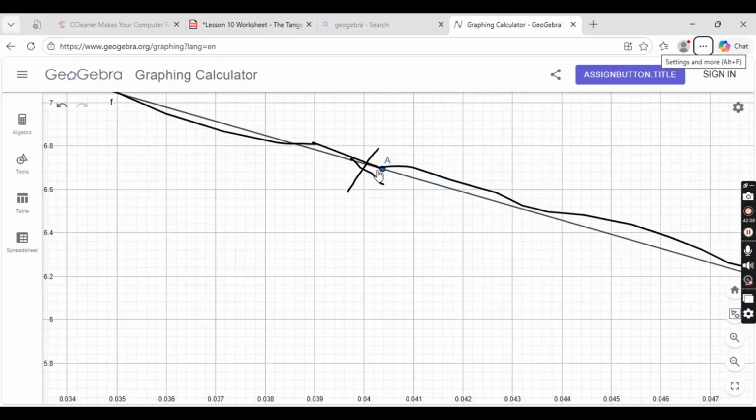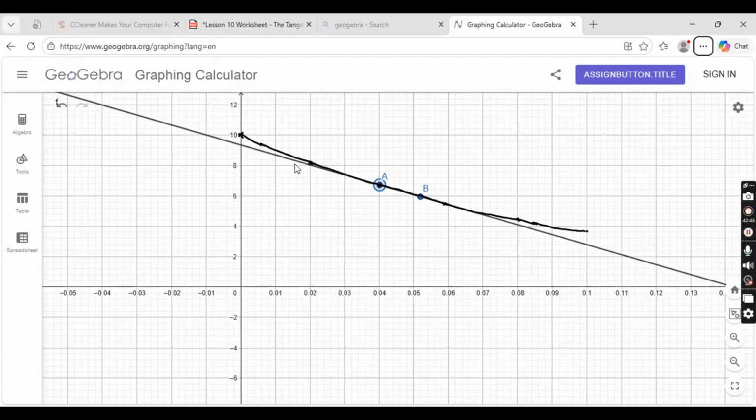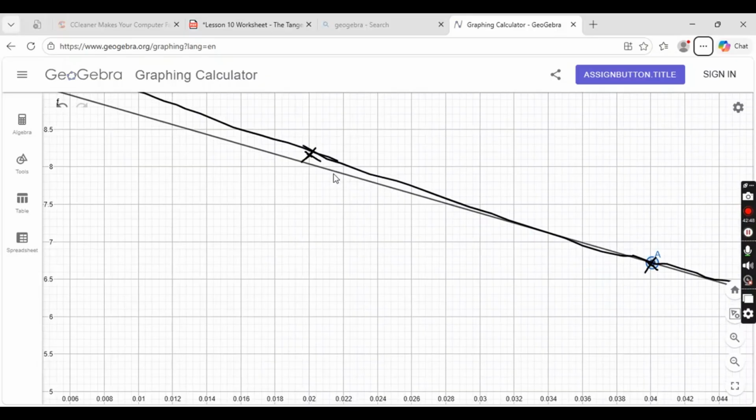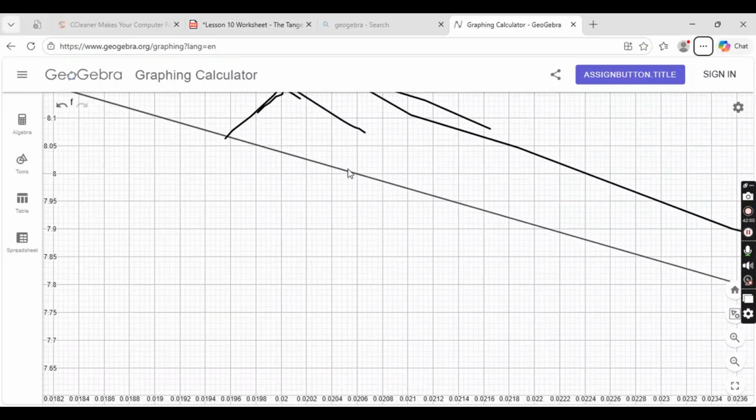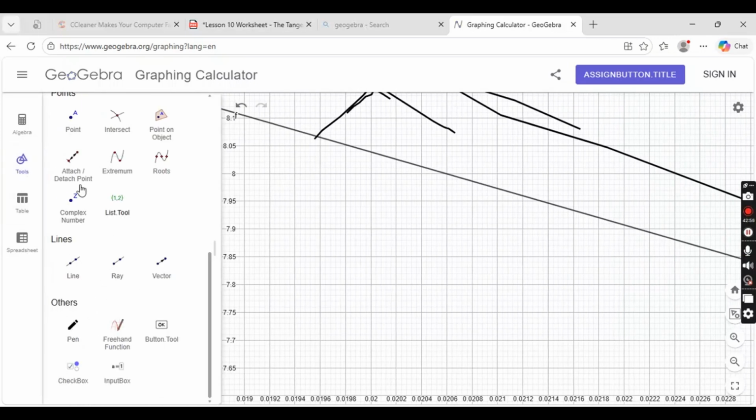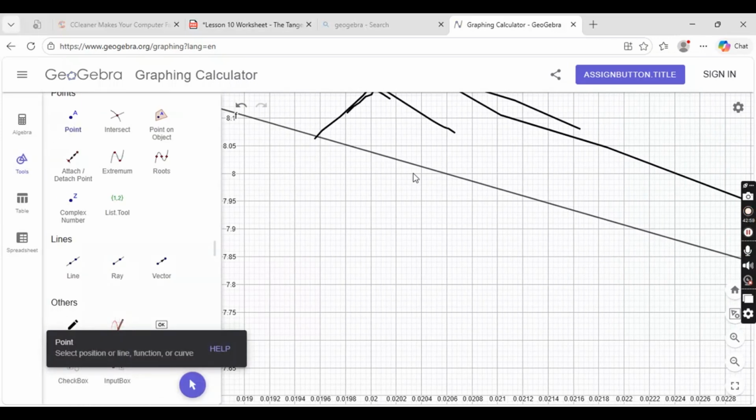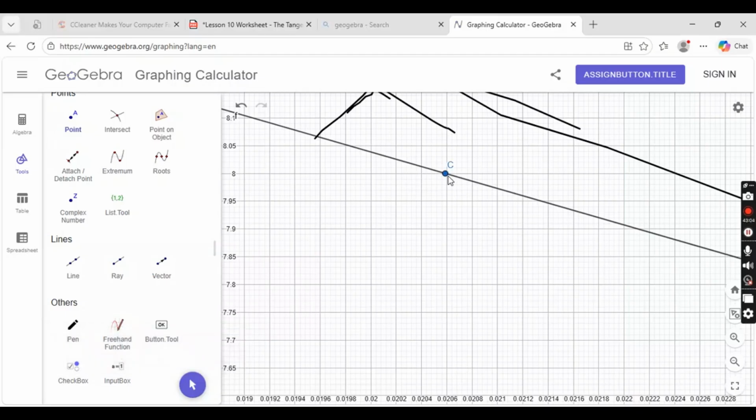Okay. So let's try and check this point. What is this point? Looks like 0.0206 and 8.